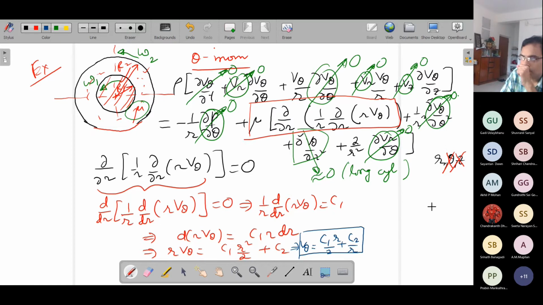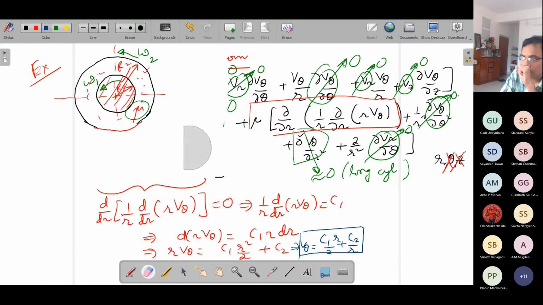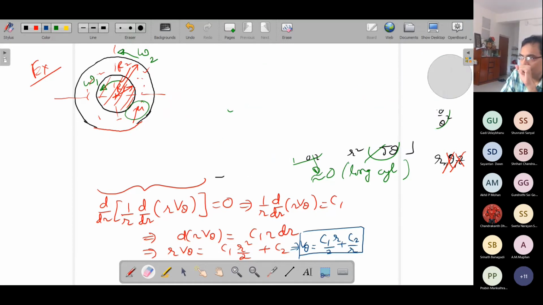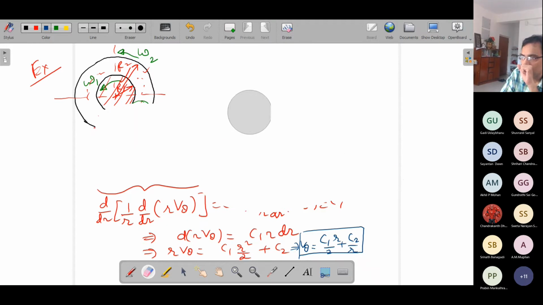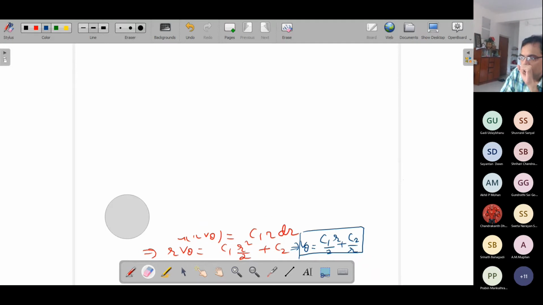Just to simplify the style of writing, C1 by 2 is just another constant.